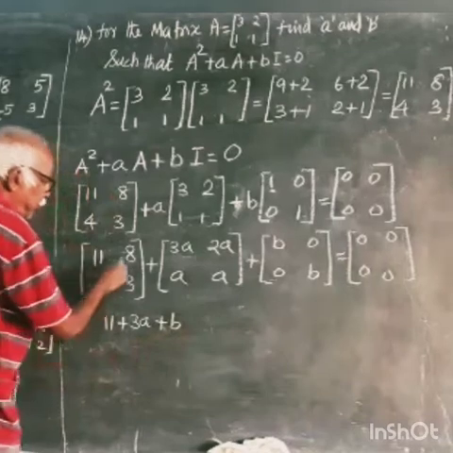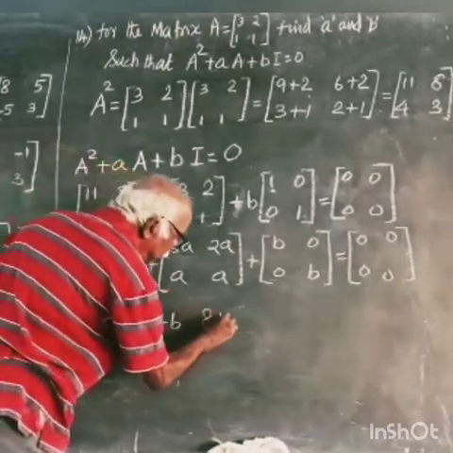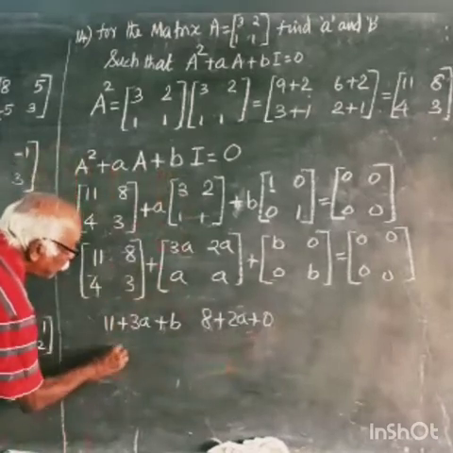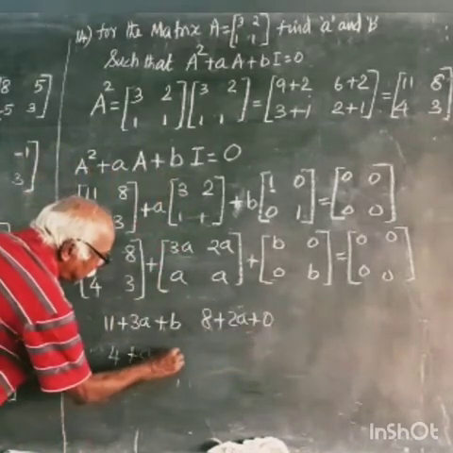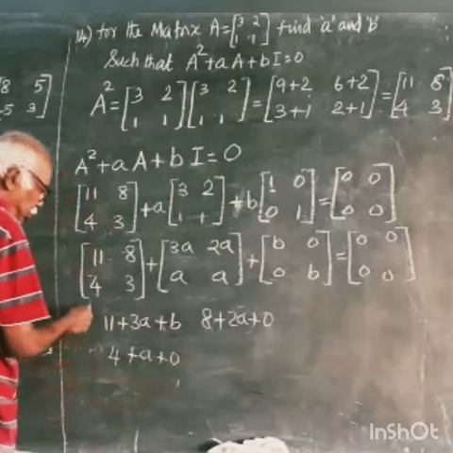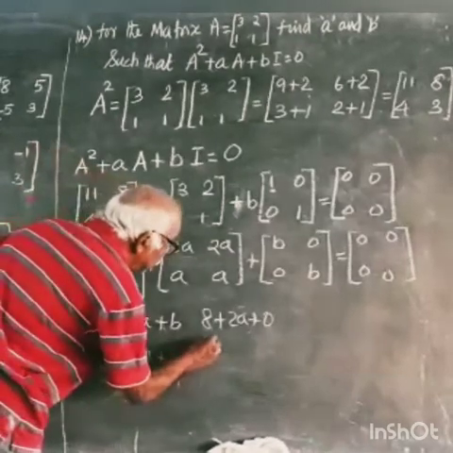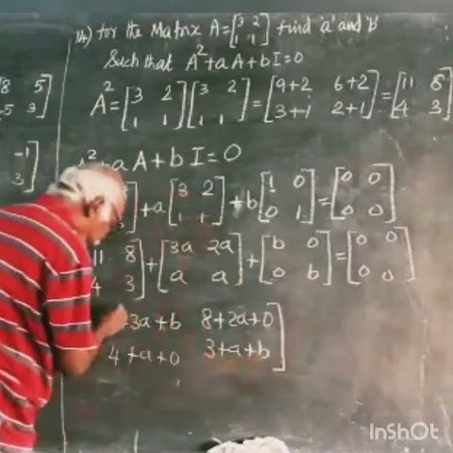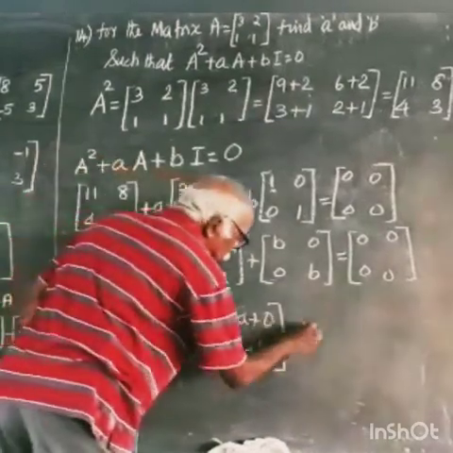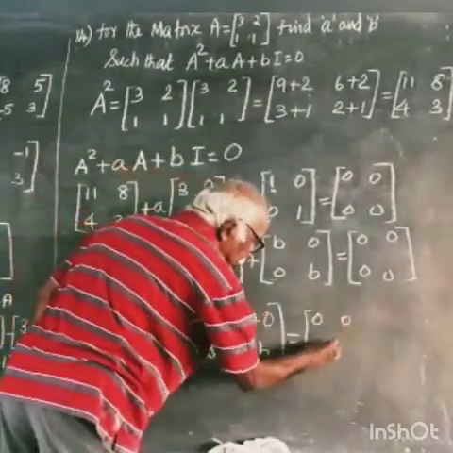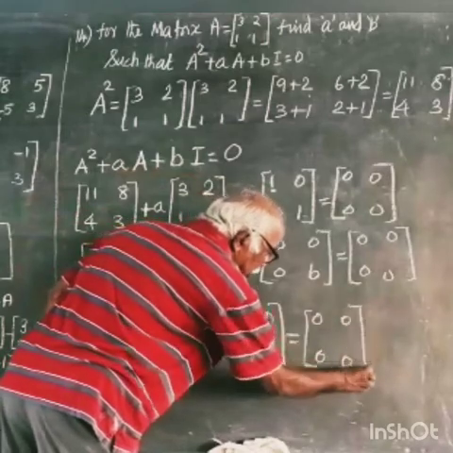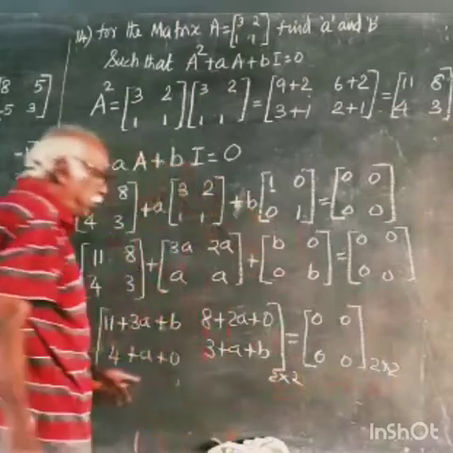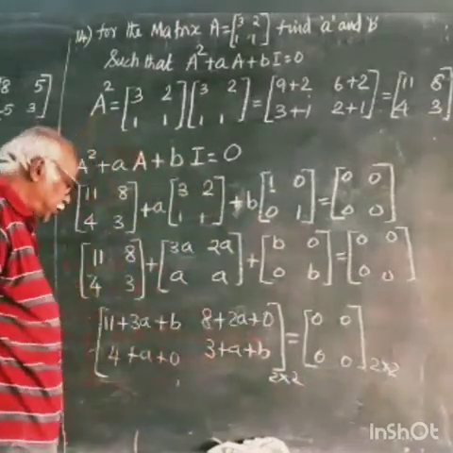Then 8 plus 2a plus 0. 4 plus a plus 0. Then 3 plus a plus b. It is of order 2 by 2. There is an equal symbol, so we can compare the elements.